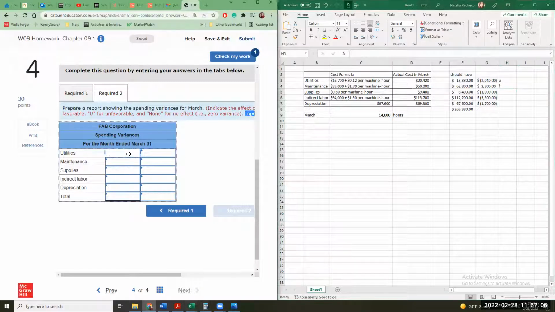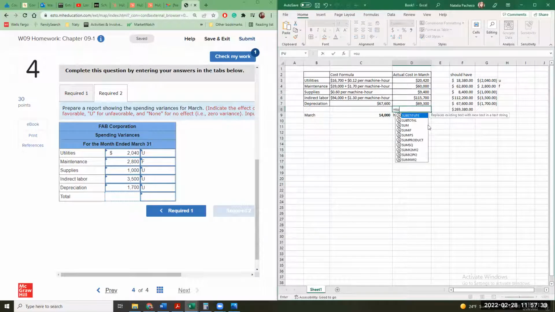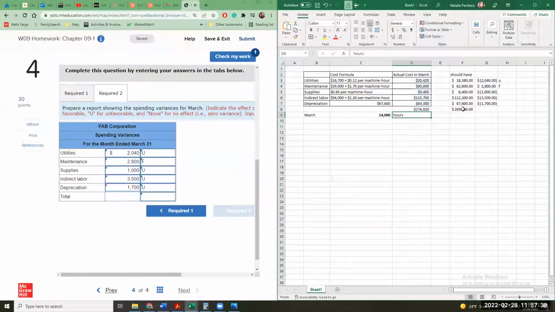So I'm gonna copy again really fast all of these numbers. So the total, I can do the total of the actual cost minus the should have cost.